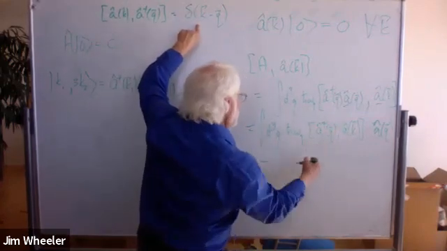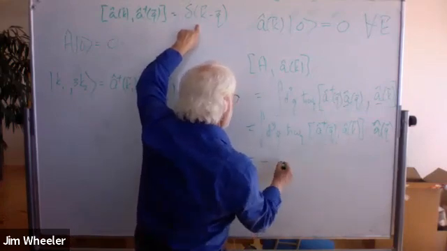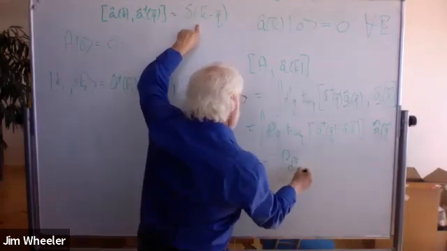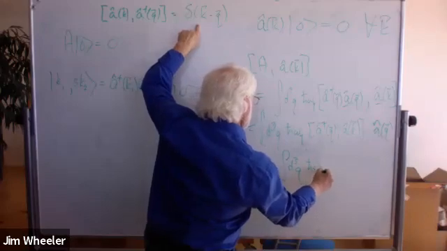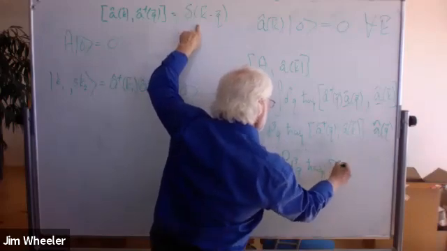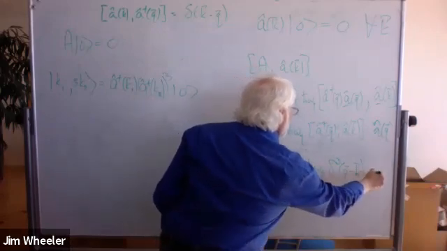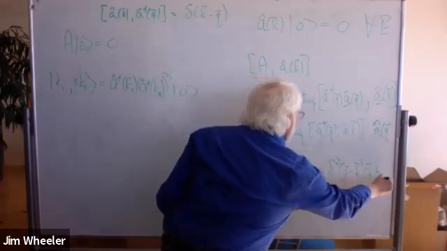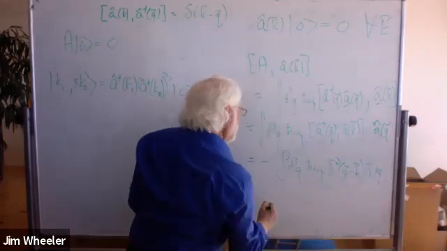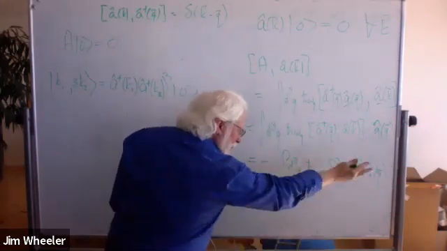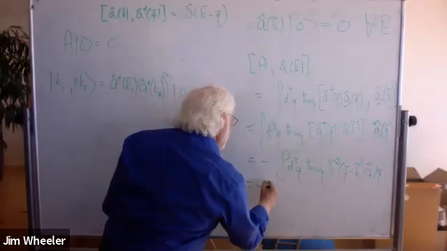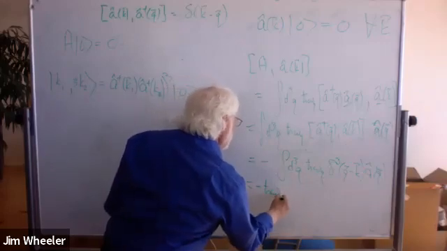So we're going to get a minus sign from this commutator. d3Q H bar omega Q delta 3 of Q minus K A hat of Q. And that we just do the integral and we get minus H bar omega K A hat of K.